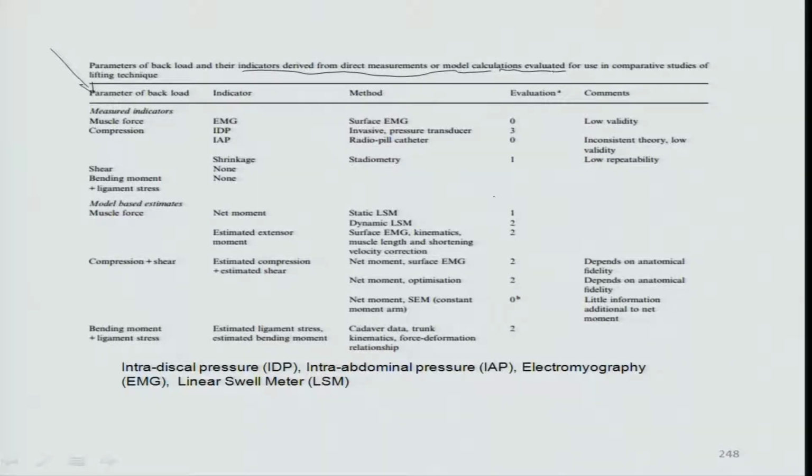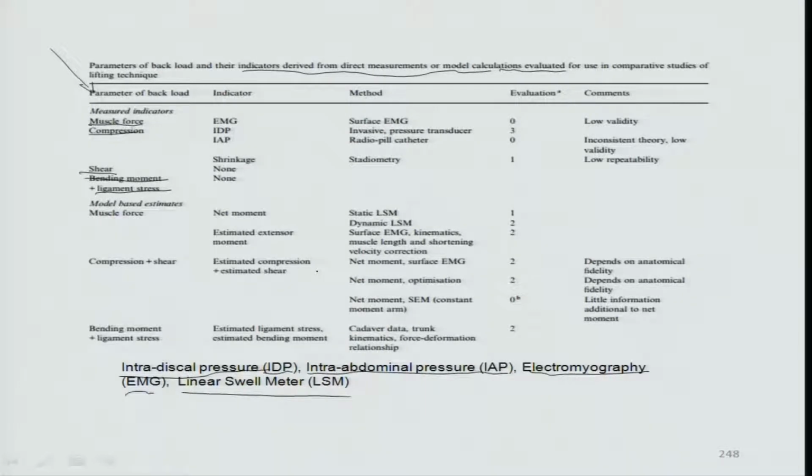Some measurements are possible through measuring the IDP, which is the intradiscal pressure in the spinal area, or the intra-abdominal pressure in the abdominal muscles. Then there are electromyography plots and linear swell meters. These are different techniques for measuring the force indicators, whether they are muscular compression forces, shear, bending moment or ligament stresses in the spinal region.